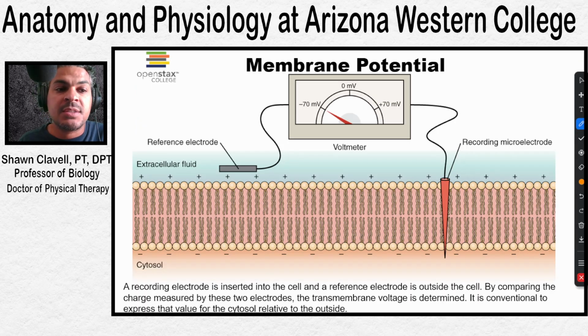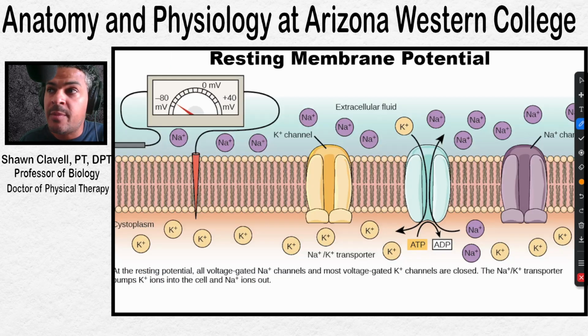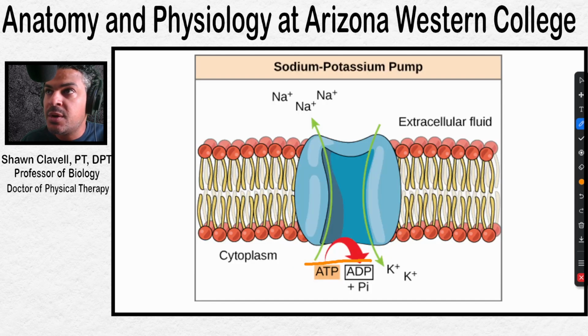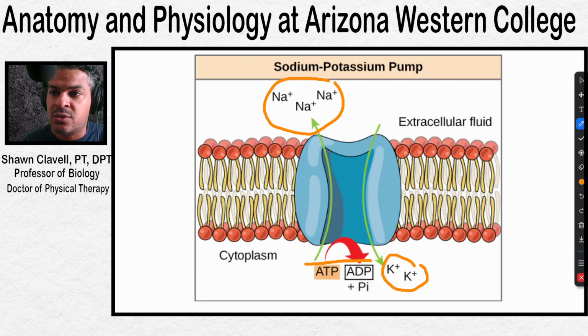And so again, the concept of membrane potential is that there's a slight charge across these cell membranes. The singular primary mechanism responsible for maintaining that membrane potential is the sodium potassium pump. Remember that sodium potassium pump: 3 sodium into the extracellular space, 2 potassium into the intracellular space.